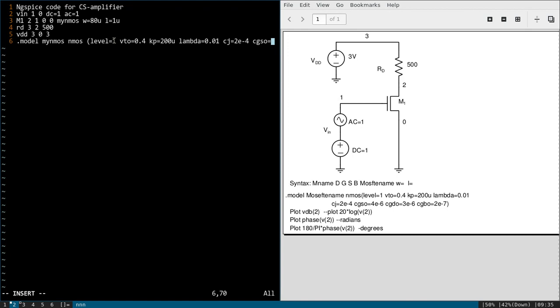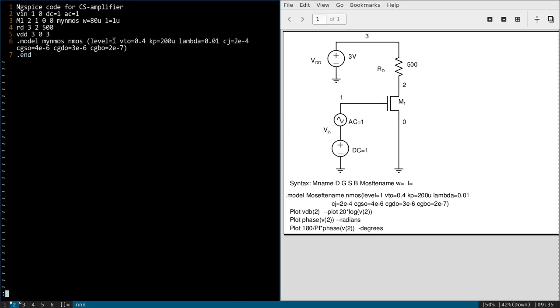CGSO equal to 4e-6, CGDO equal to 3e-6, and finally CGPO equal to 2e-7. And we will end the code.